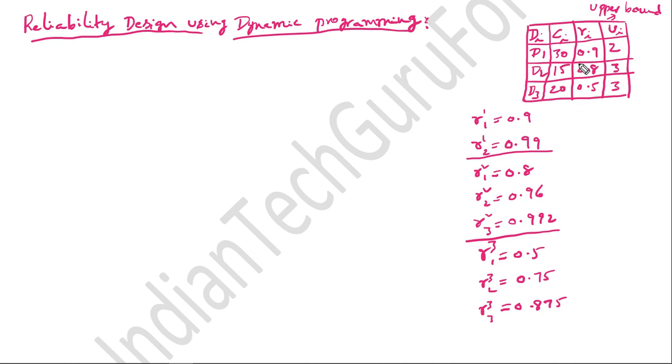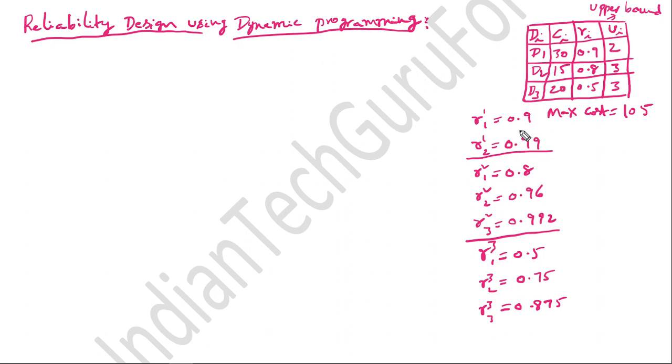These values will be given, and we have calculated the upper bound values. These upper bound values represent at maximum how many instances of a particular device we can procure. And in addition to that, we have the maximum cost, which is given as 105.